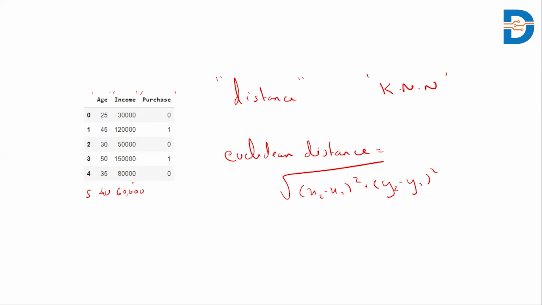Plugging this into my Euclidean distance, let me say I'm trying to figure out how different this person is from the first person. In this case, what I would have to do is (40 minus 25) the whole square, plus (60,000 minus 30,000) the whole square.